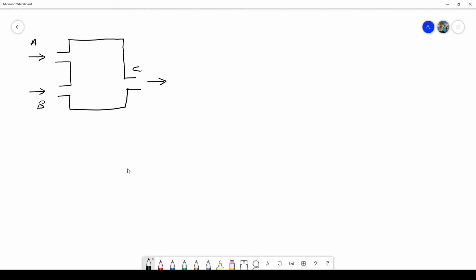Alright, now let's look at the problem, where we have the tank with two inlets. This is the inlet A, and this is where we have the velocity at inlet B. Then this is the outlet C, where the fluid flows out from our container.